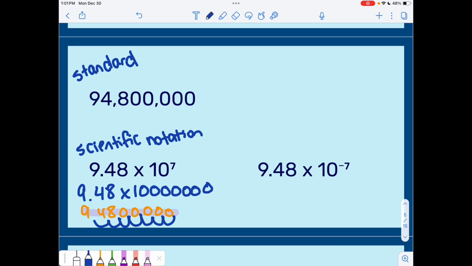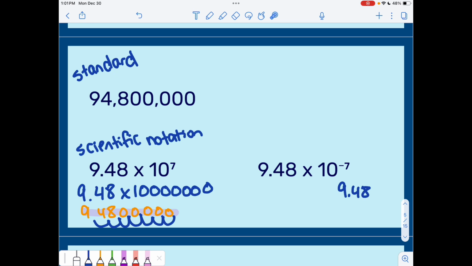Okay, now let's do the next example. So again, we're going to put a 9.48 and we are going to move it to the left 7 spaces. And we're going to the left because it's a negative exponent, so the number is becoming smaller. And when I say move it, I mean the decimal place.